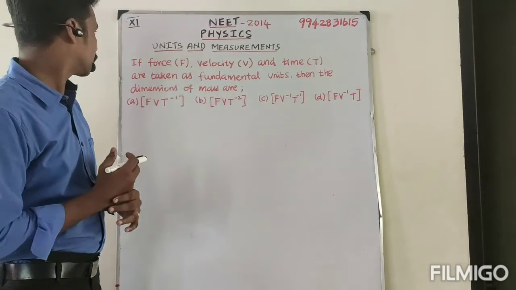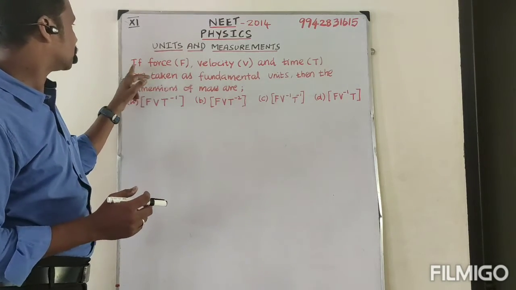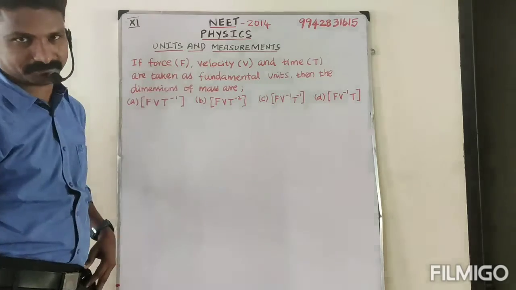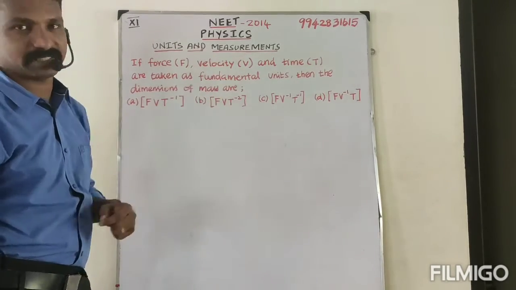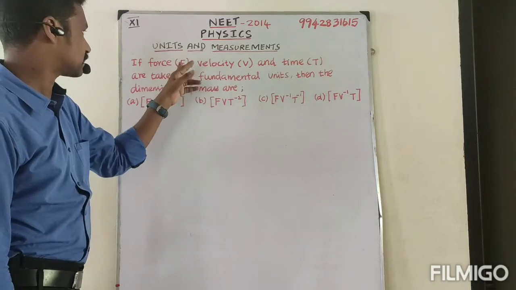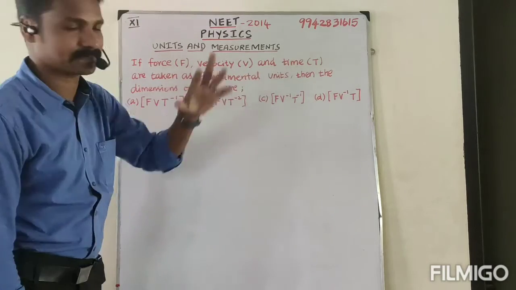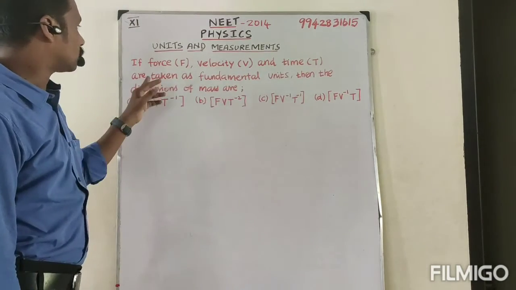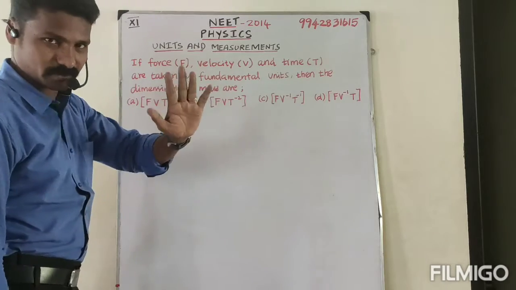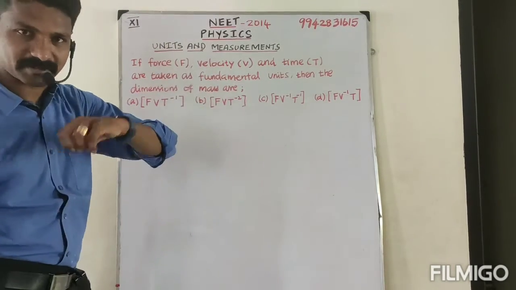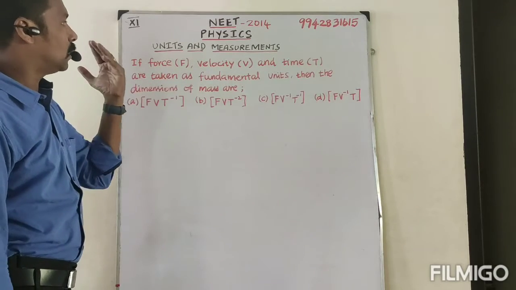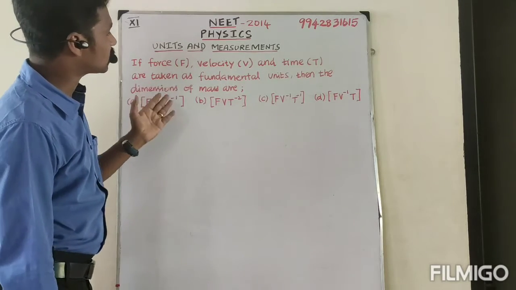You know the first one. See that if force F, velocity V, and time T are taken as fundamental units, then the dimension of the mass.